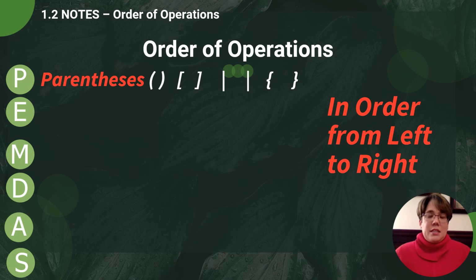So the P stands for parentheses, and it's important that you know that the parentheses can look very different. So you can have parentheses like you normally see it. You can have brackets. You can have these curly kind of brackets. You can also have absolute value, which is basically the distance from zero, which is always a positive distance.